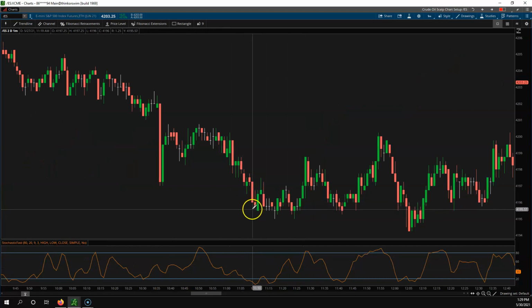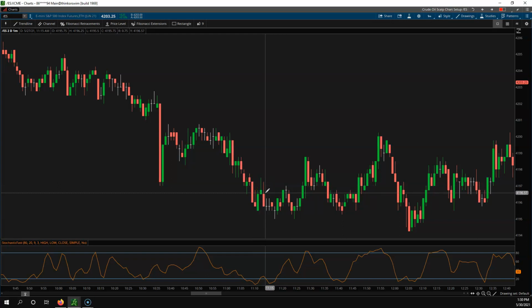So in this instance, we're falling, moving lower, price breaks above and we close one candle above. That would be your entry to get long.